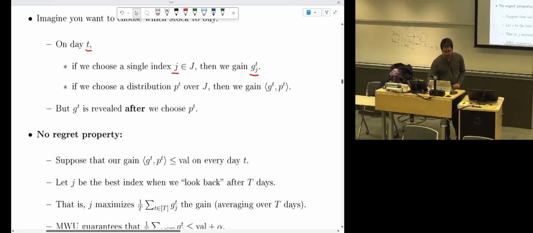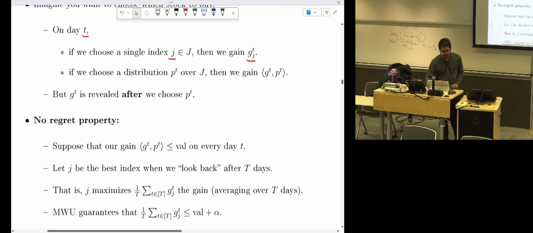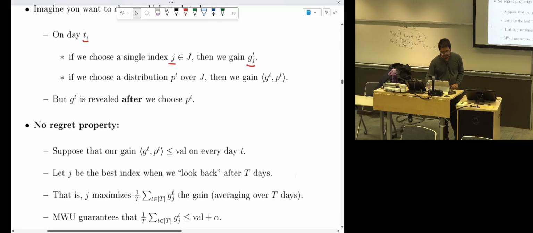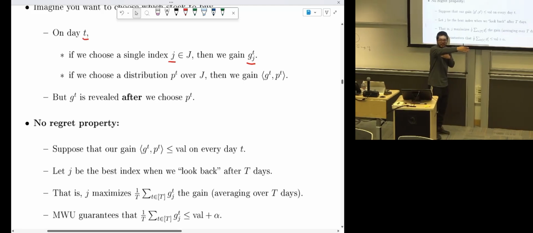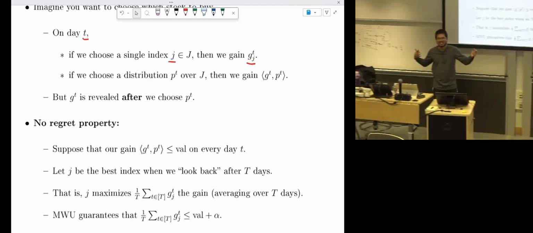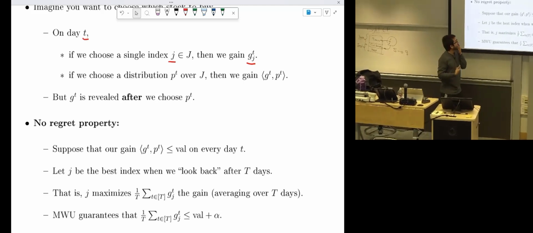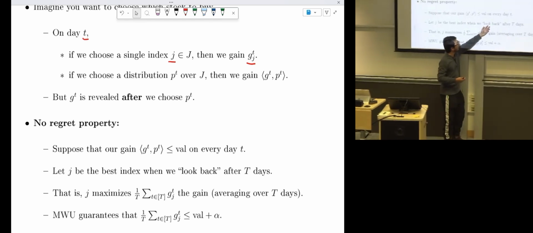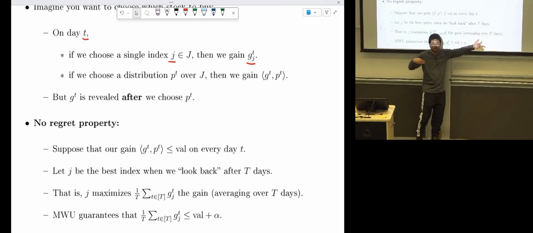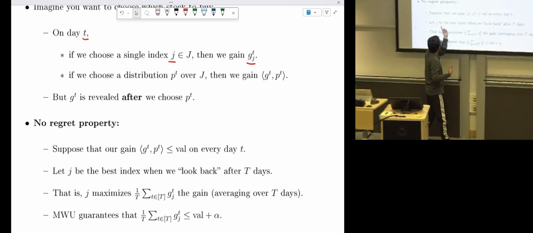Then suppose that after T days, we look back to the past, and we look at the best stock J. Let J be the best index when we look back after T days. So what is this J?